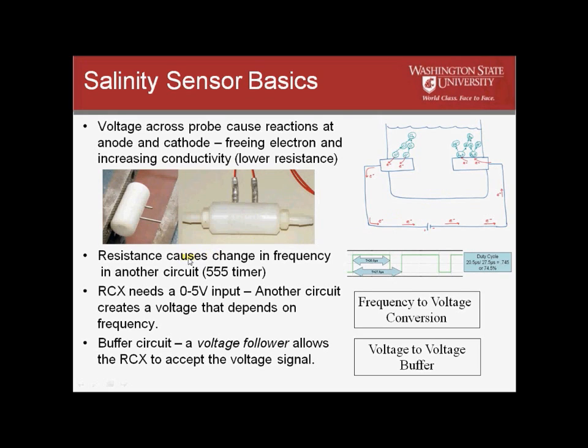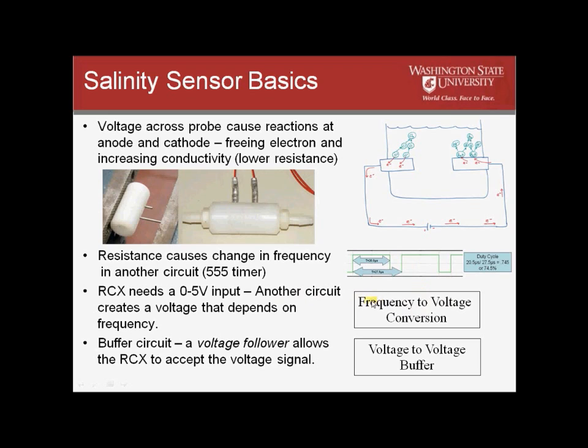That resistance change becomes part of a small circuit that creates a pulsed waveform similar to what we were working with when we were looking at the RCX outputs. This waveform will change; its frequency will change as the conductivity changes. Now another small circuit that you'll see on the breadboard when we apply those in week 11 is there to change that frequency into a voltage.